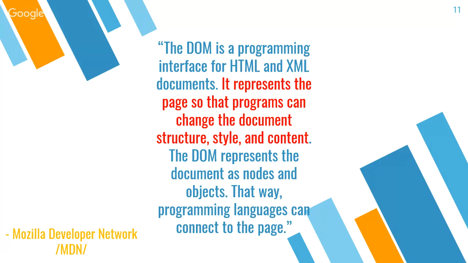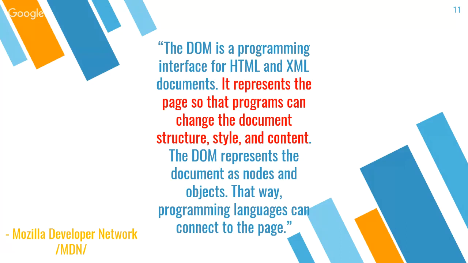The DOM represents the document as nodes and objects. So, as we said before, the nodes are just containers for the HTML elements, which are themselves objects. And finally, that way programming languages can connect to the page.